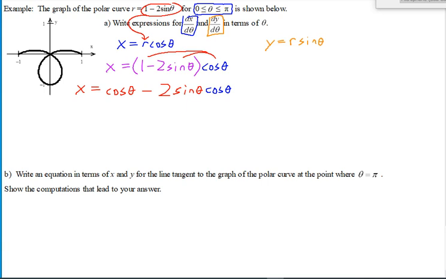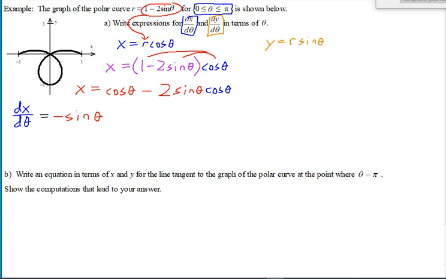And now that we have x in terms of just theta, not in terms of r also, now we can find the derivative, dx d theta, that we're asked to find. So dx d theta would equal the derivative of cosine, remember cosine starts with a c, so it would be negative sine.